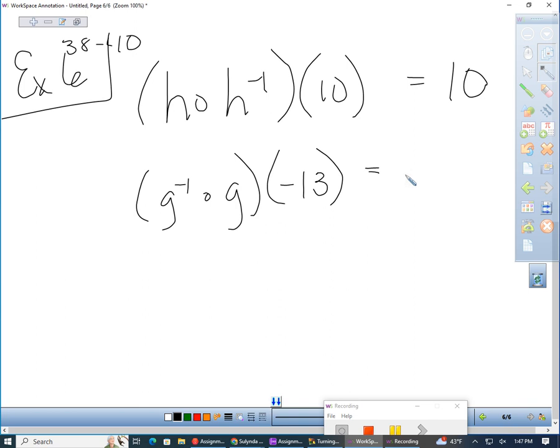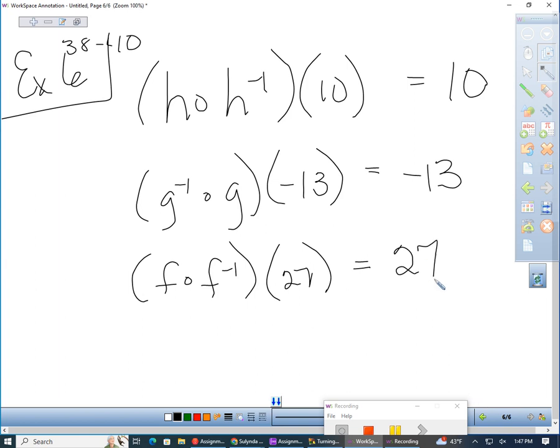Negative 13. I don't even need the functions, do I? All I need to know is if I'm crossing a function with its inverse, whatever I put in, I get out. Okay? So literally the last two problems in your homework, that's all you have to do. They're written just like that. Whatever you put in, you get out. So if I have f of f inverse of 27, okay, will I have questions on these tomorrow?